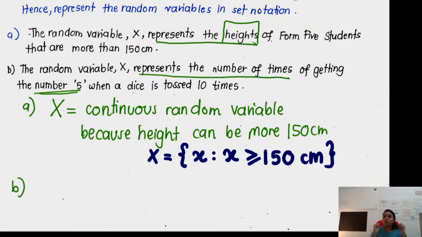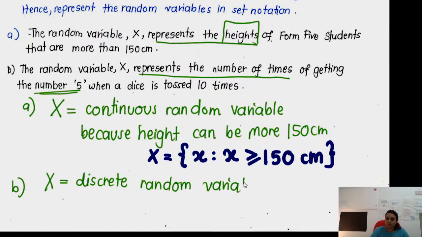None. It's just the outcome 10 times. So this will be automatically a discrete random variable. So X is a discrete random variable. Okay, why? We explain, because they asked us to explain, isn't it?